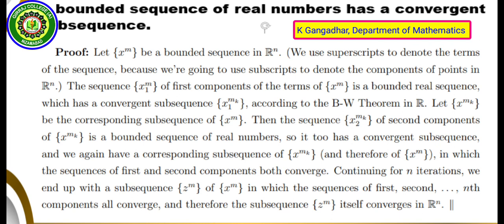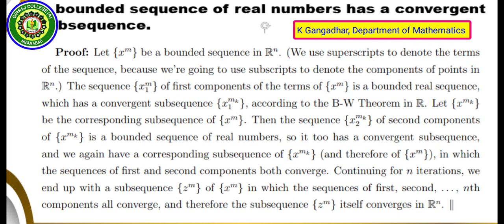The sequence x1^m, the first component of the terms of the sequence x^m, is a bounded sequence of real numbers, which has a convergent subsequence. We know every bounded sequence has a convergent subsequence.